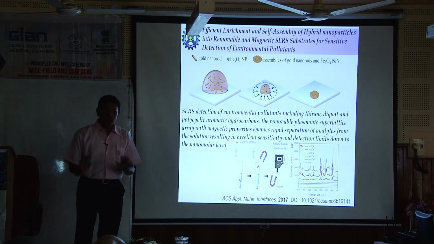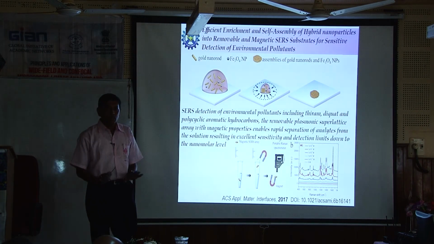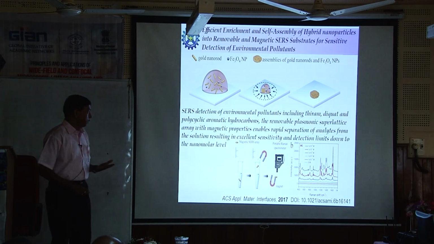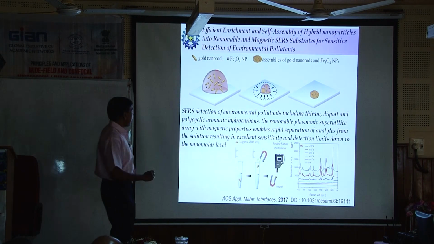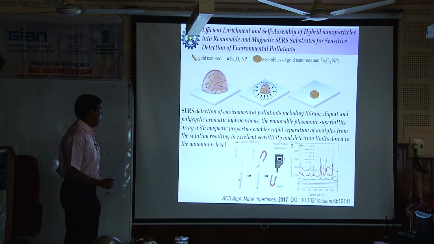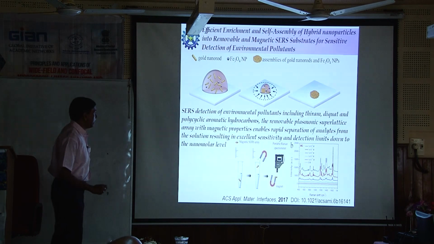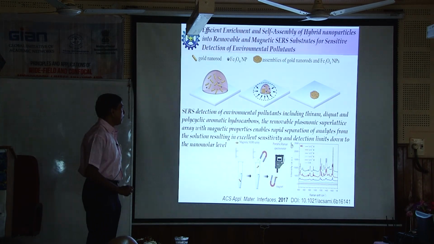Now I will give you some other examples apart from cancer. To check environmental pollutants, it can be utilized. How? Here is a gold nanorod and iron oxide nanoparticles combined together, and this is chip based, and with this you can check environmental pollutants, thyme and other things.